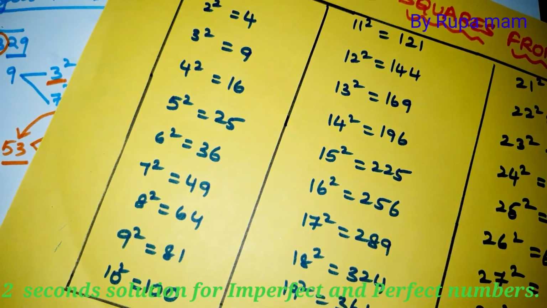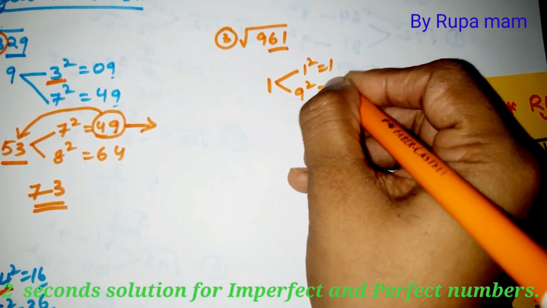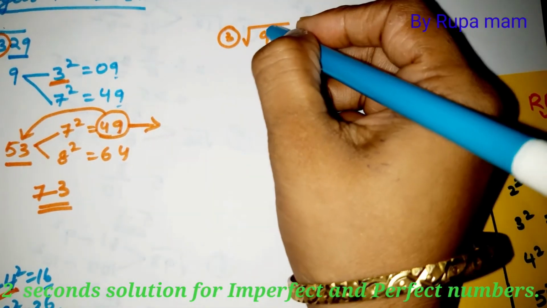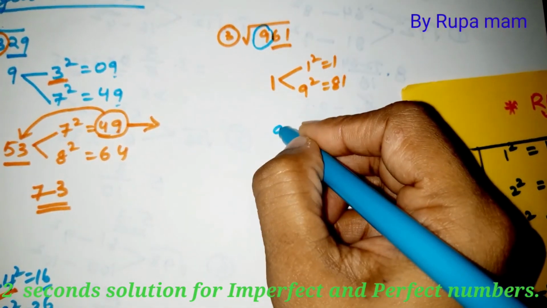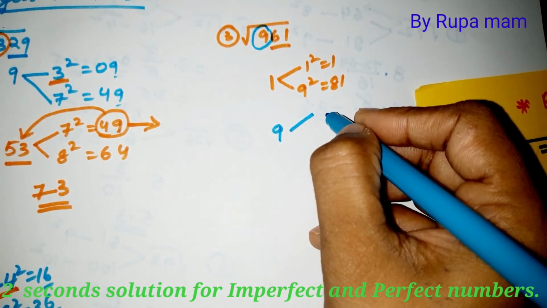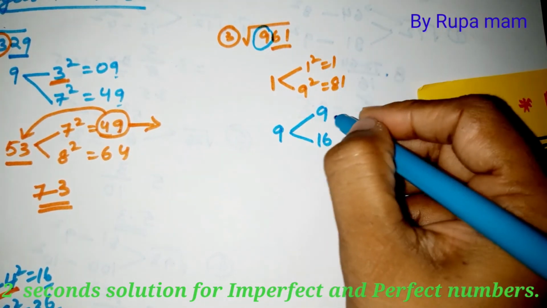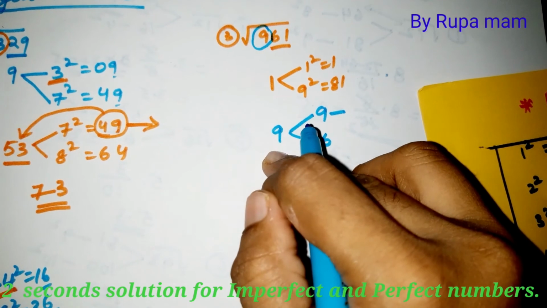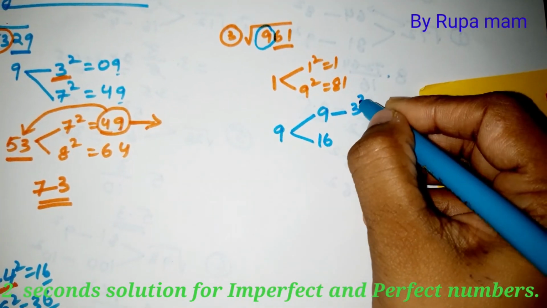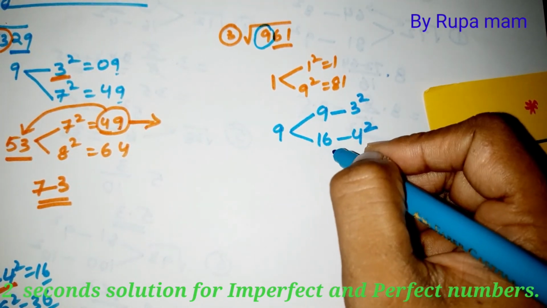So write aside, 1 square is 1 and 9 square is 81. Next, 9 is there. This 9 is present between 9 and 16. Root over 9 is already 3. As per concept I am writing 3 square and 4 square.